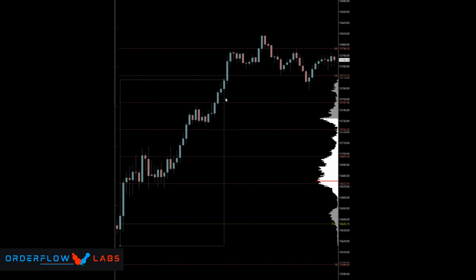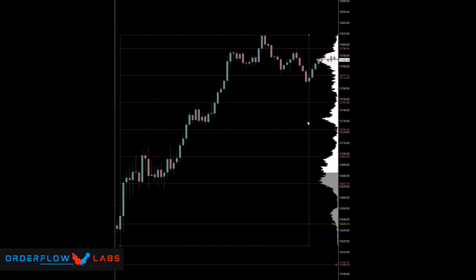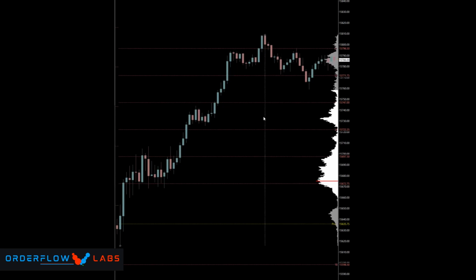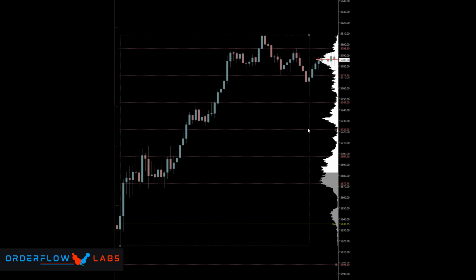We see it push up again, it builds volume, pushes up again, it builds volume, builds a distribution, and then here it pushes up, it begins to taper, and as it pushes into the previous distribution, then it builds volume. As volume is building in the direction that you're going, you do not want to be fighting that positioning.